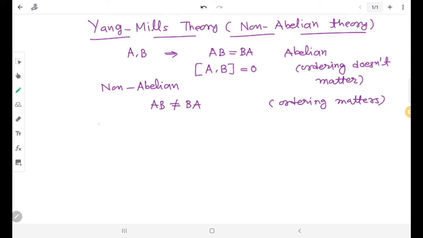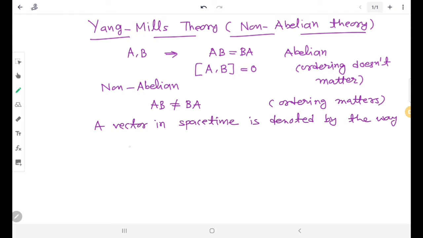Suppose we have a vector in space-time denoted like this, A mu. This is a covariant vector, and this has 4 components.